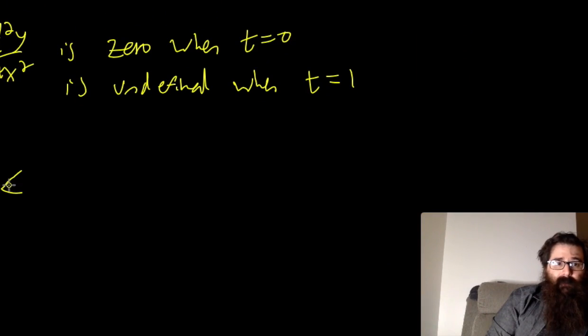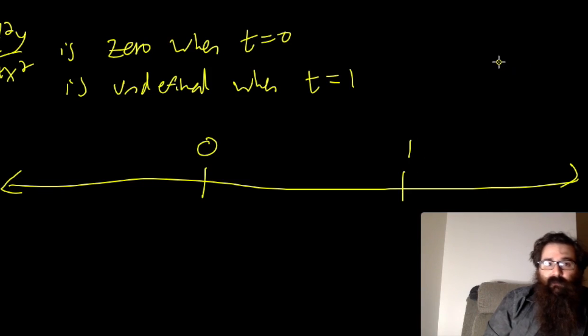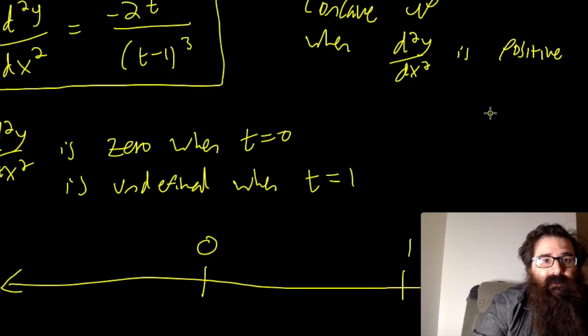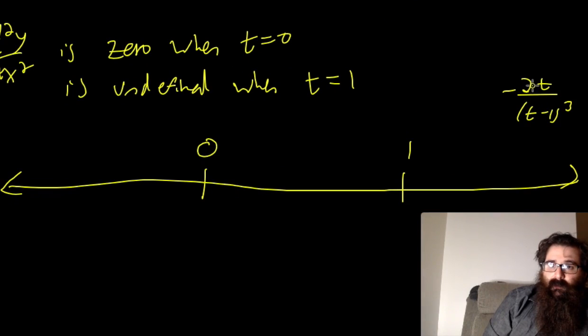Let me get my number line. I'll place these in order as they would appear from left to right: 0, 1. And as a reminder, my second order derivative was negative 2t over t minus 1 cubed.